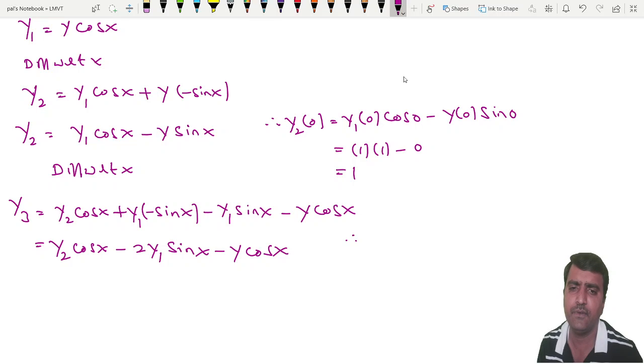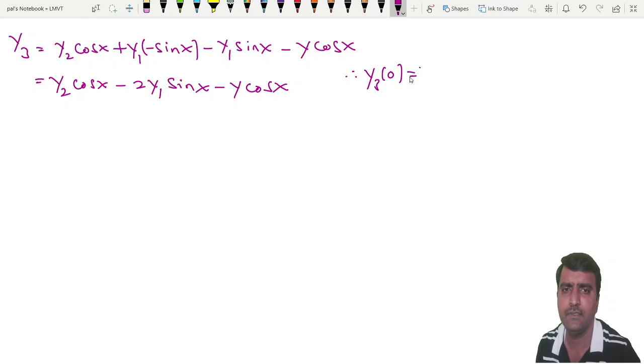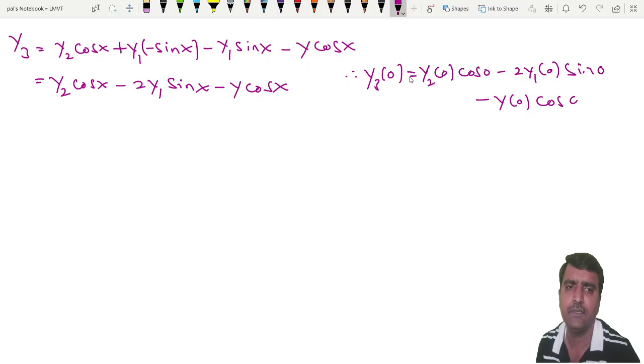So y3 of 0 is equal to y2 of 0 into cos 0 minus 2y1 of 0 into sin 0 minus y of 0 into cos 0.